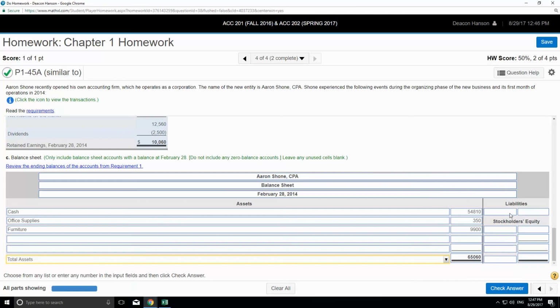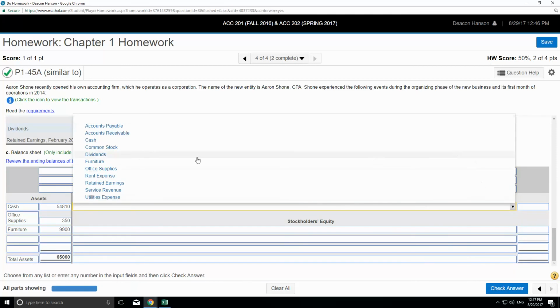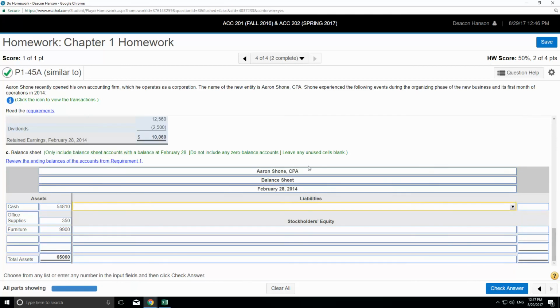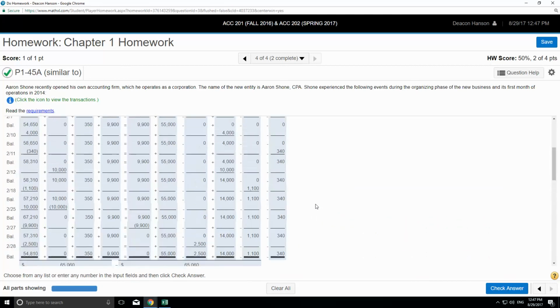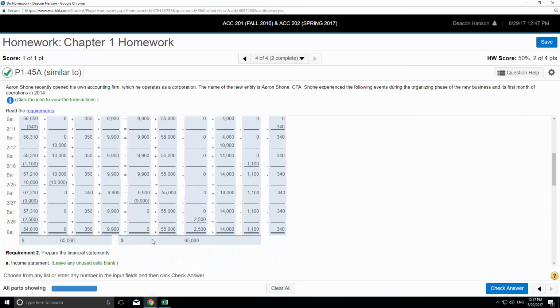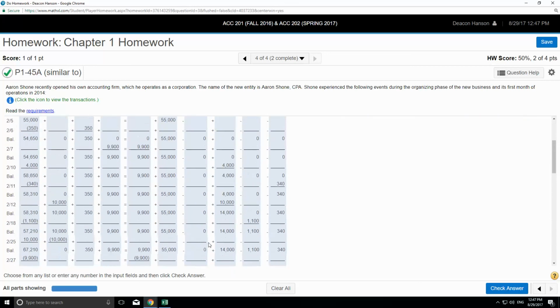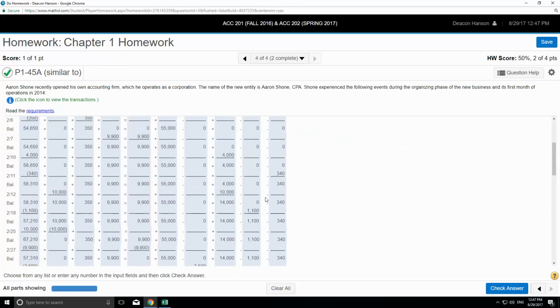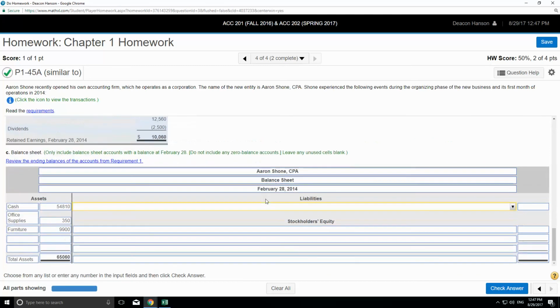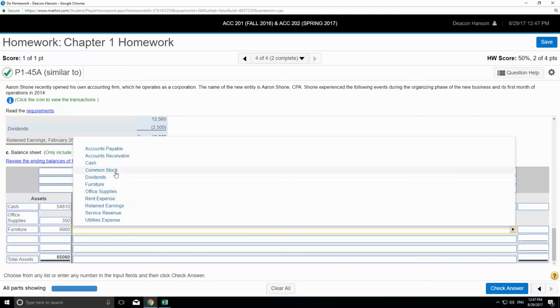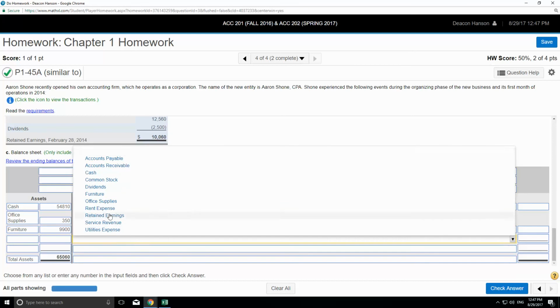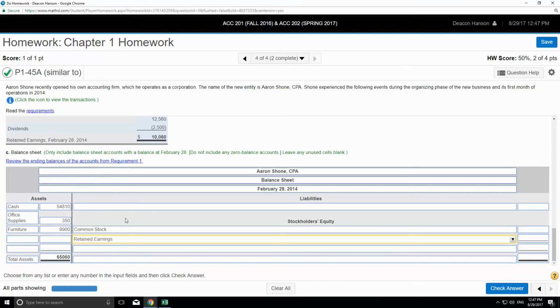Okay, and then if you come over and do liabilities, we only have one, accounts payable, but there's nothing there, right? There's a 0 balance in accounts payable. So all we really have to do is our equity section, which will be made up of, what are the 2 equity items? Common stock and retained earnings.